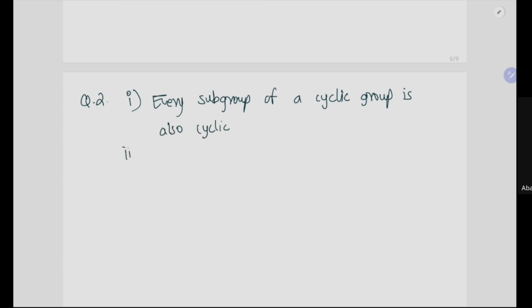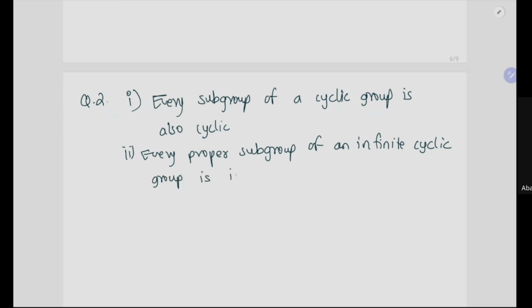So let us take another problem. Let us take these two statements: every subgroup of a cyclic group is also cyclic, and every proper subgroup of an infinite cyclic group is infinite.